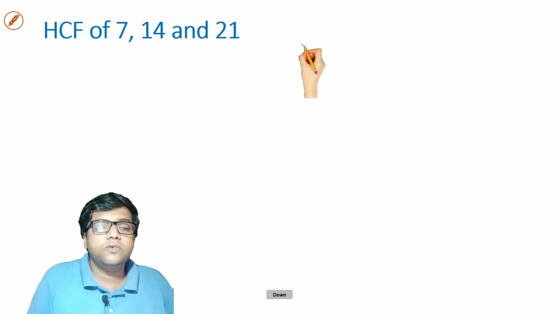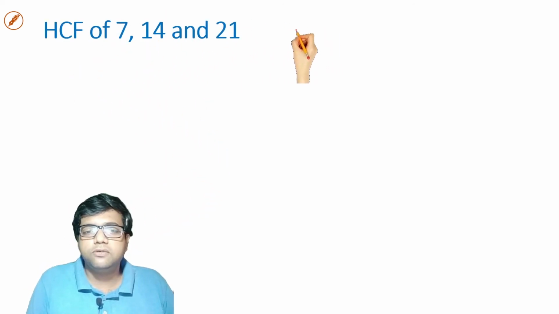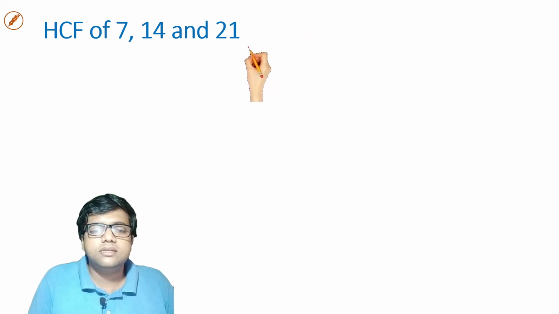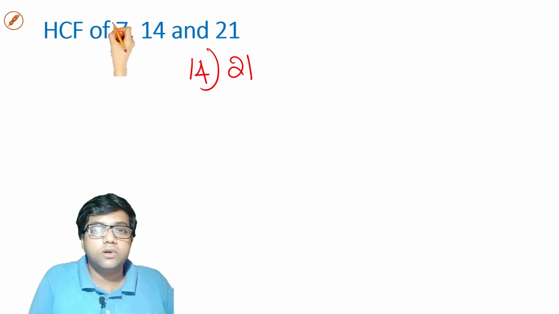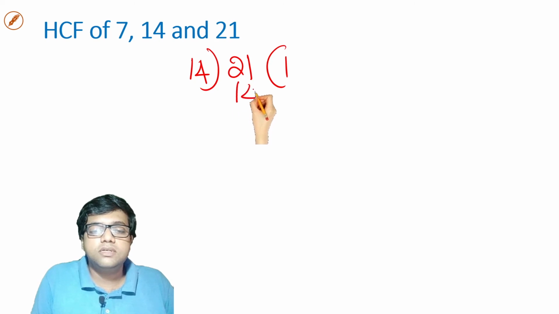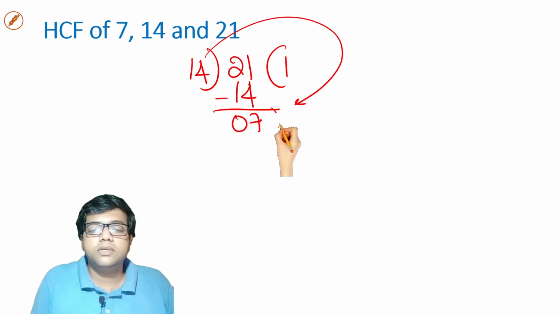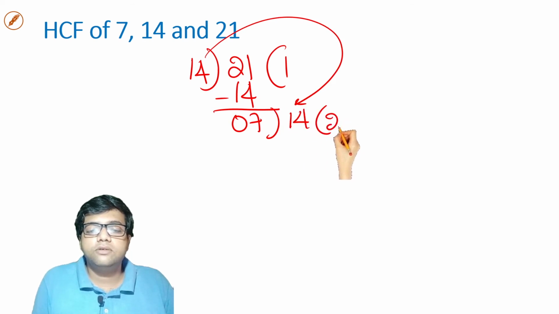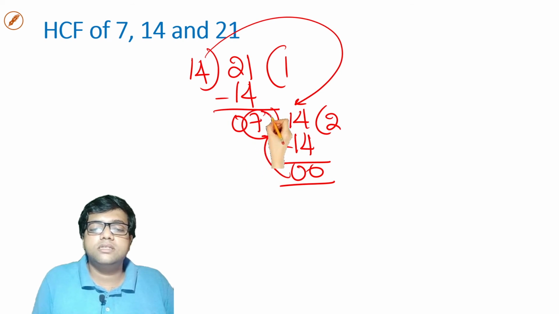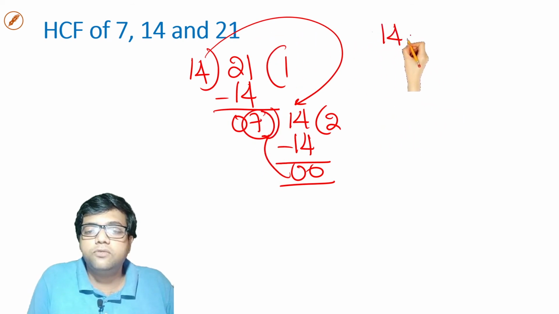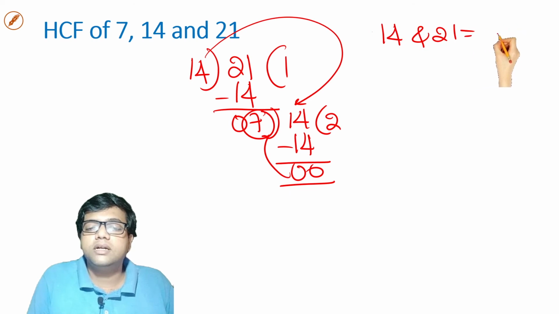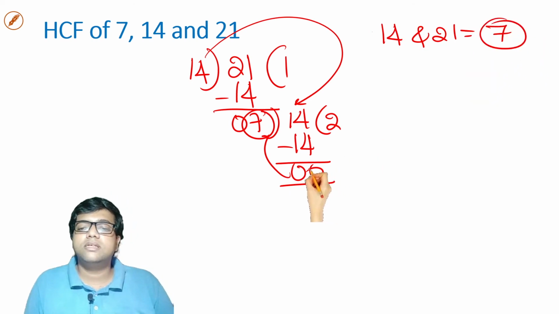Right? So let's move ahead. 7, 14 and 21. Again, the same method, same steps. Take up the larger number and divide by the next smaller number, not the smallest one, which is 14. 14 ones are 14. So you will be left with 7. Pick up this 14 and divide it with 7. 7 twos are 14. So you get the remainder 0. So the immediate divisor becomes the HCF. For 14 and 21, 7 is the HCF.